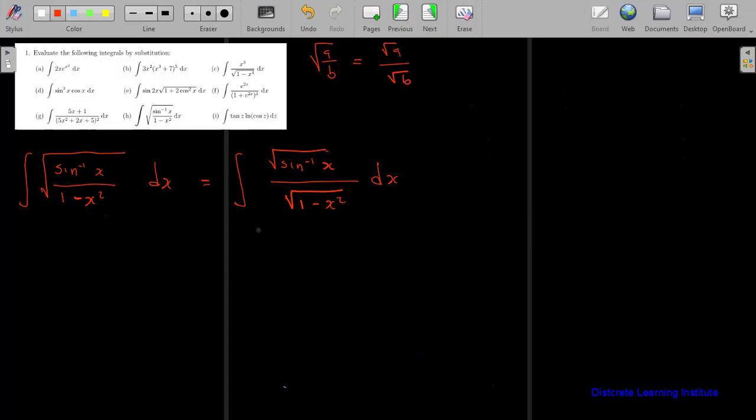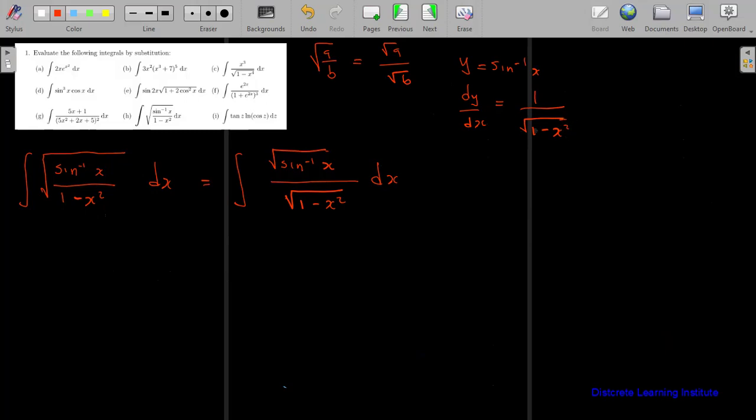You have to choose which one to let be u. If y is equal to sine inverse of x, the derivative dy dx is just 1 over the square root of 1 minus x squared. This is the derivative of an inverse trig function.